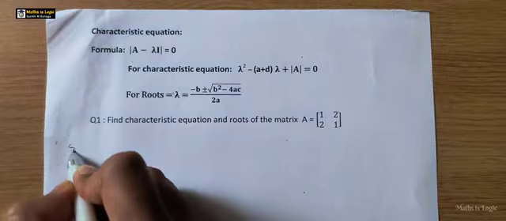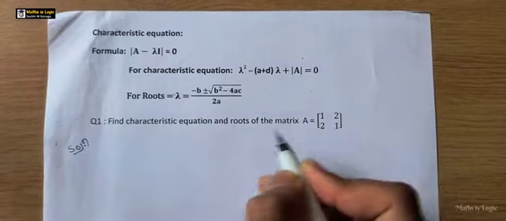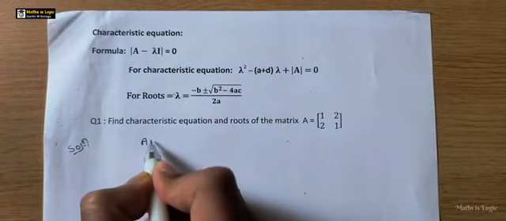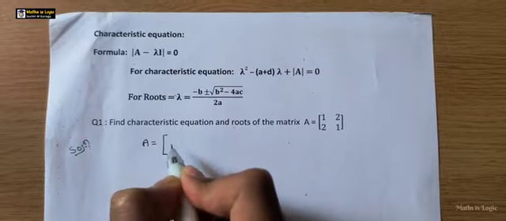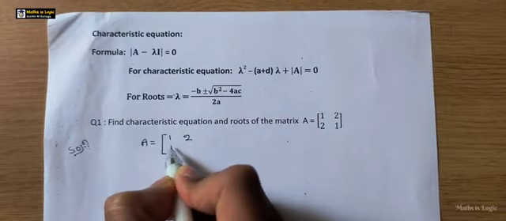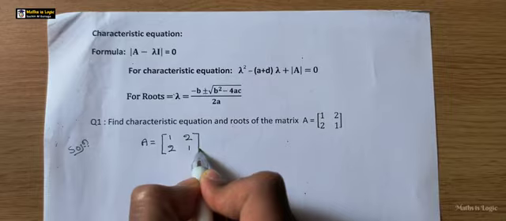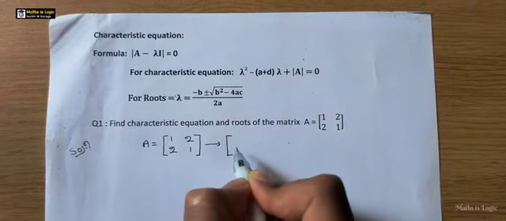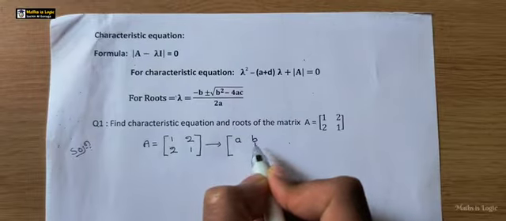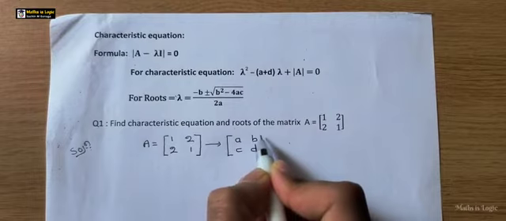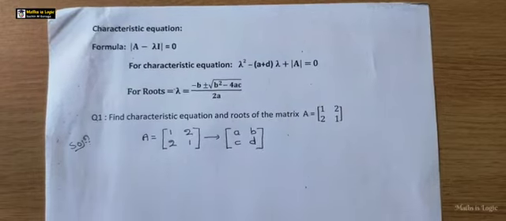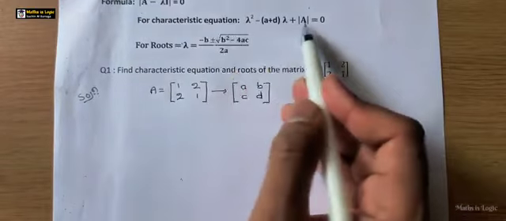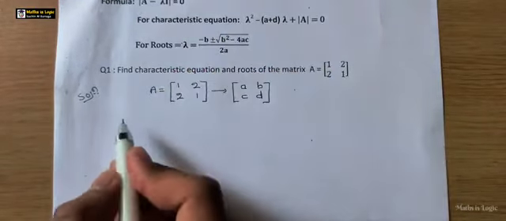So in the solution, first write that given matrix A is equals to 1 2 2 1. After this, compare that given matrix with A, B, C and D. Next, write that formula, characteristic equation formula.